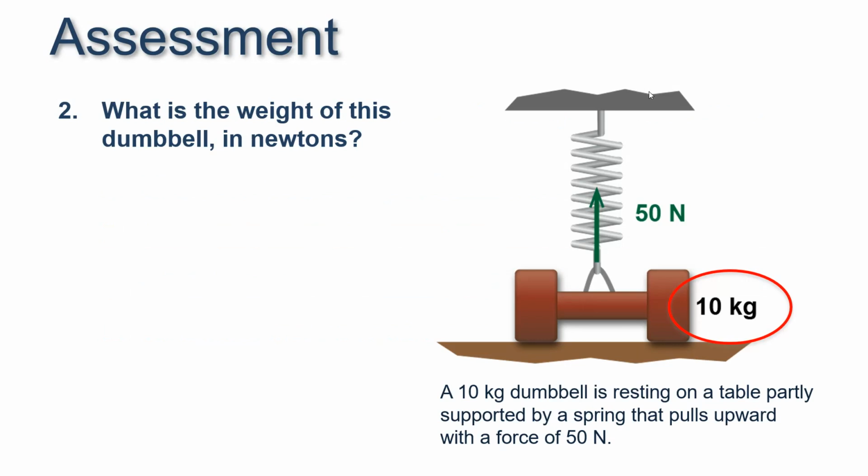So what is the weight of this dumbbell? All right. So I have a force, right? So this is a force, 50 newtons, and then a 10 kilogram mass is resting on the table.